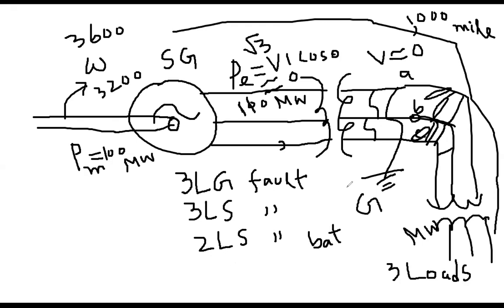Now again, it can be the same example: on a stormy day, a tree has fallen and its branches got stuck at phase B and phase C, but its root is here. It is not fully uprooted, but branches got stuck between two phases. And then this is the grounding, the same thing. So in that case, it is called 2LG.